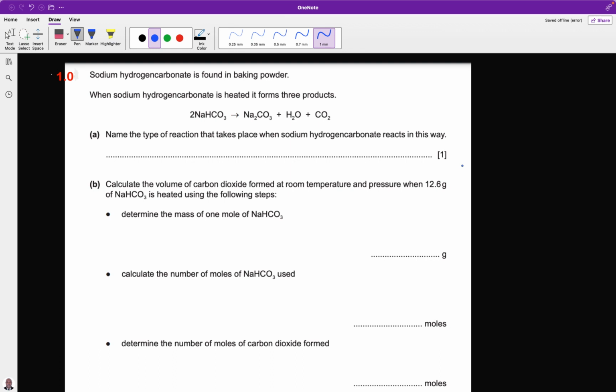The question is, A, name the type of reaction which takes place when sodium hydrogen carbonate reacts in this way.